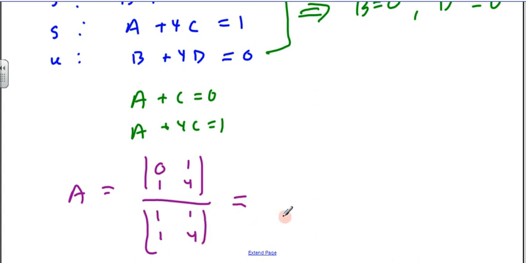So we'll do the bottom first. 4 minus 1 is 3. And on the top I have a minus 1. So a is going to be minus a third.